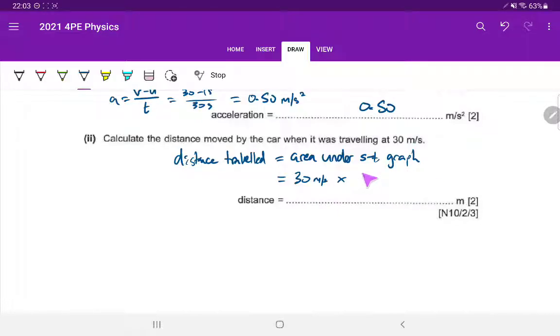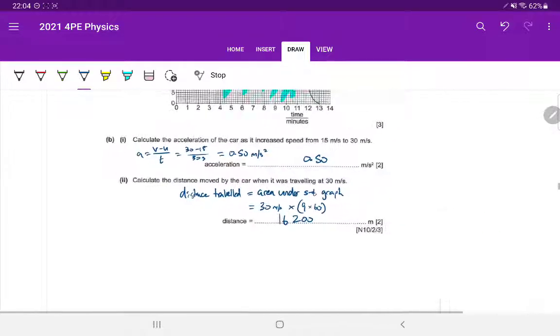So it's 9 times 60 seconds. Alright, so for 1 minute 60 seconds, so 9 minutes is 9 times 60 seconds. Okay, this should give you 16200 meters. Okay, so that's all for this question.